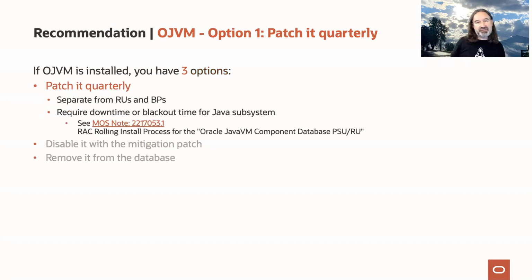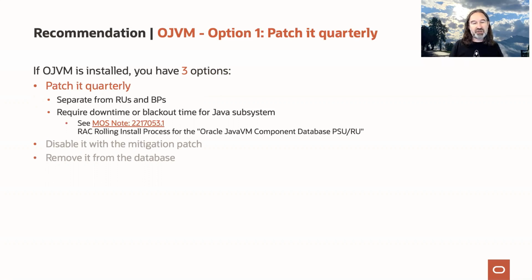If your applications are using OJVM, and this is not trivial to find out, I strongly recommend this MOS note mentioned on the slide, because this MOS note has several checks to find out if an application is really using OJVM in the Oracle database. And be aware, if you have a Java application, that does not mean that it uses OJVM.